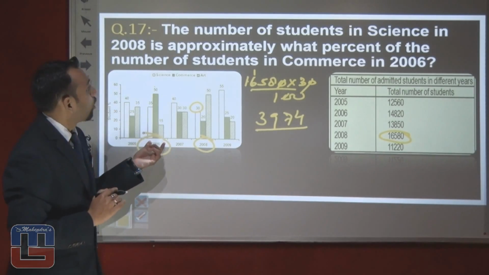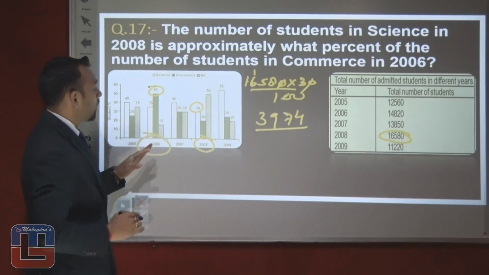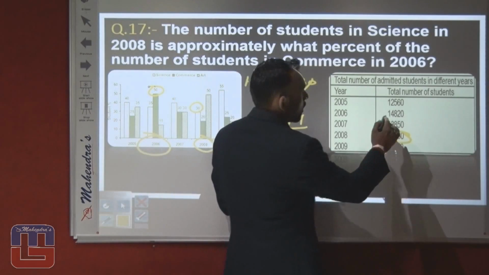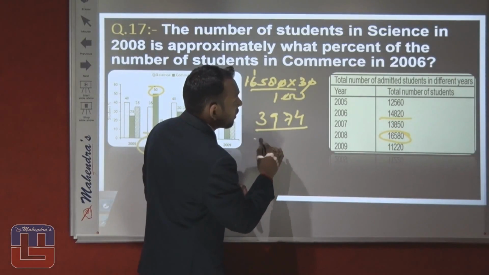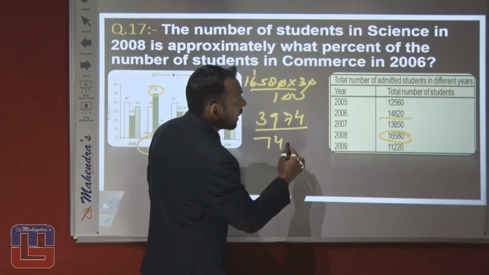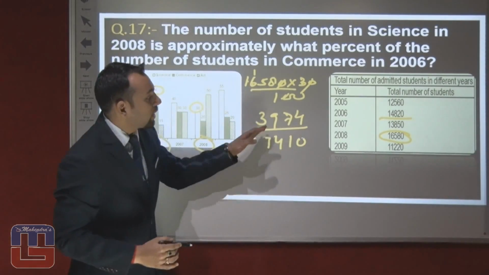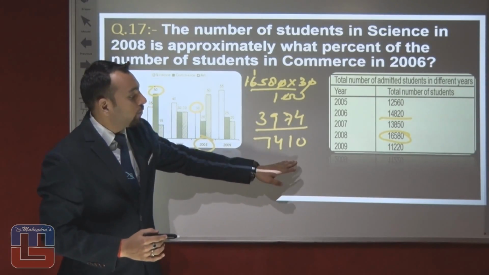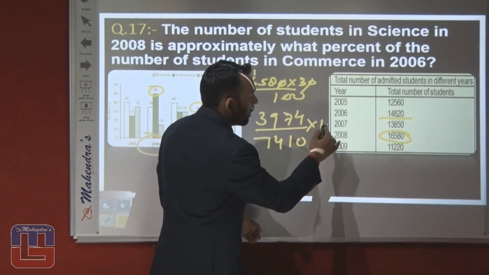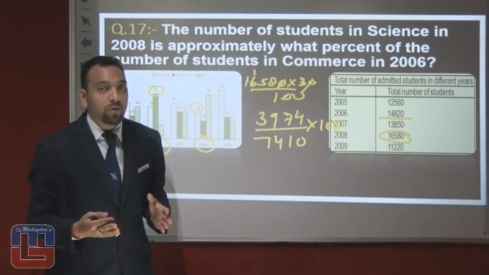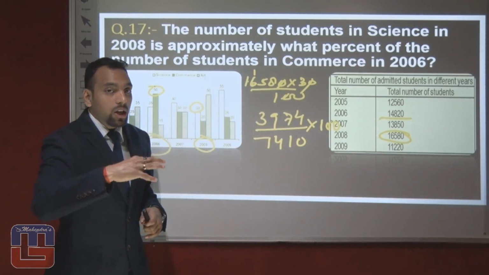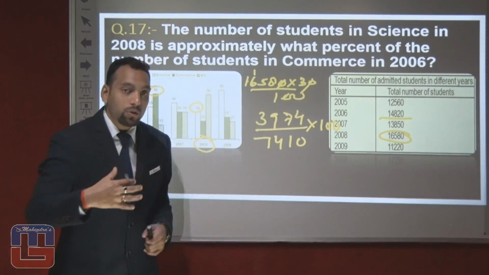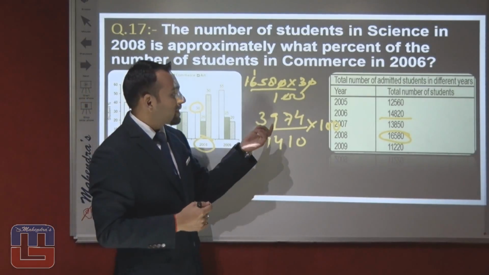This is 2006 commerce. Now this one 50%, which means 7410. So 4974 will be divided by 7410 and multiplied by 100. In this case, how will you solve this one? If you have to solve this one, you will go by the options.